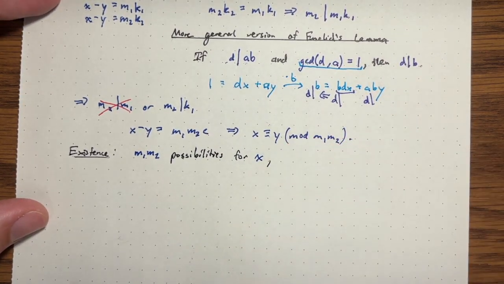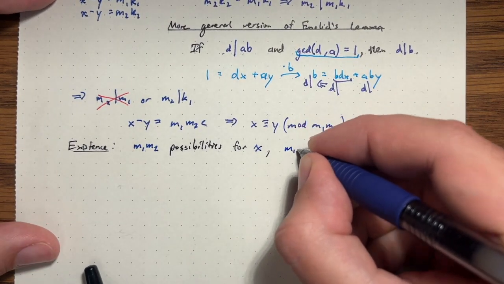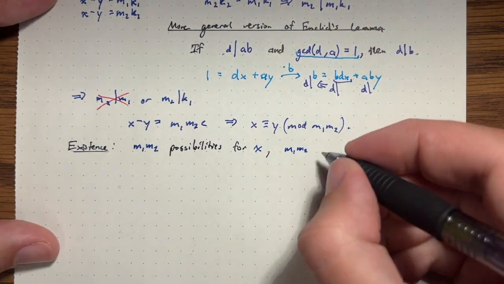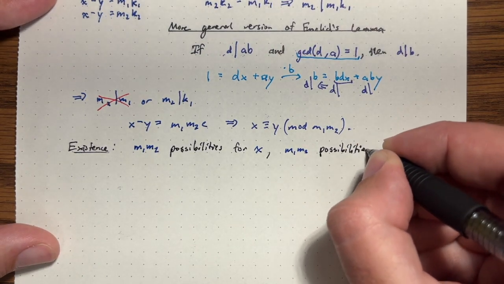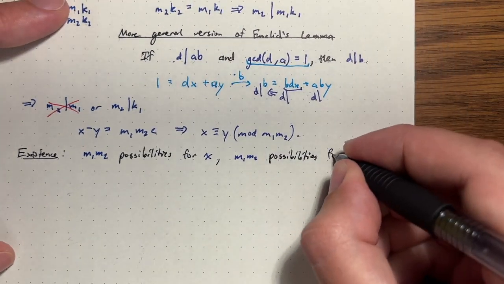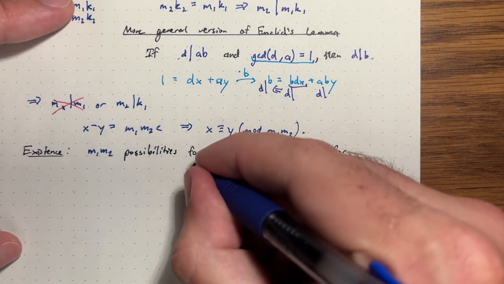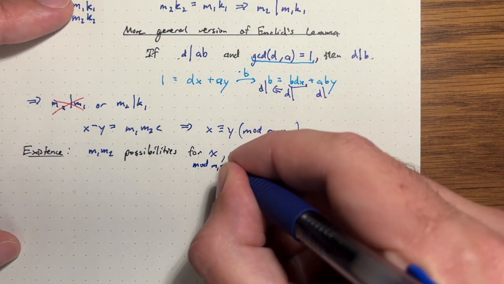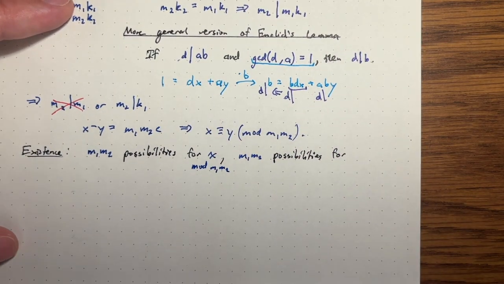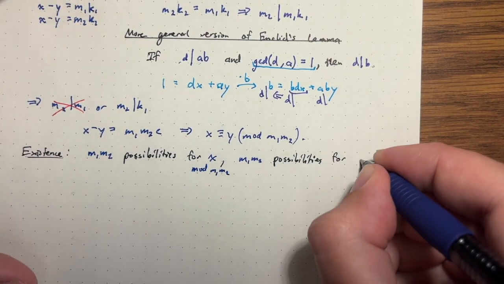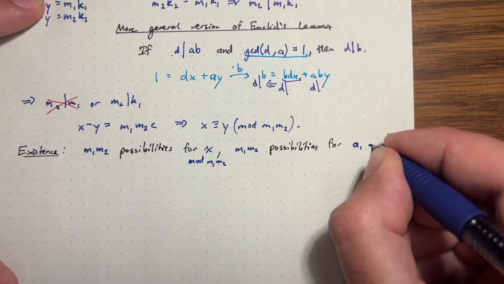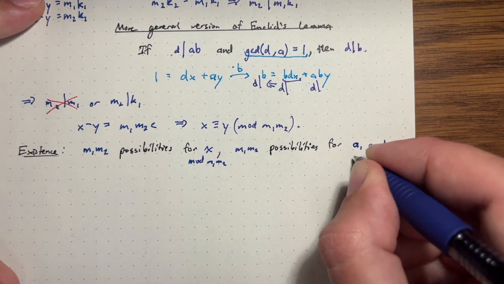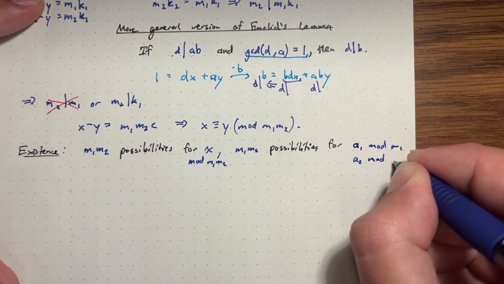But there are also m1 m2 possibilities for x modulo m1 m2. But there are also m1 m2 possibilities for my choice of a1 modulo m1 and a2 modulo m2.